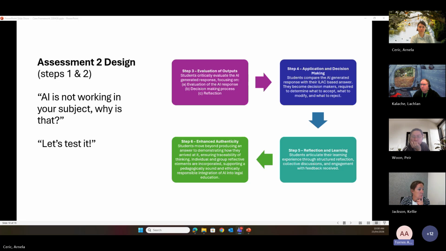Some students blamed the university because it wasn't supporting and encouraging the use of AI. Other students blamed the ILAC methodology of legal problem solving, which is the methodology that we use in law to solve problem-based questions. They said, well, this needs some flexibility. It needs to accommodate the use of AI.